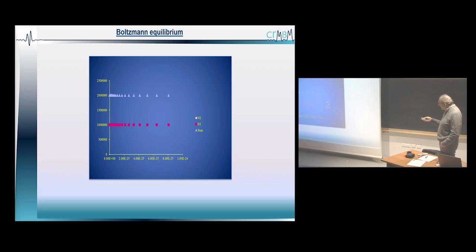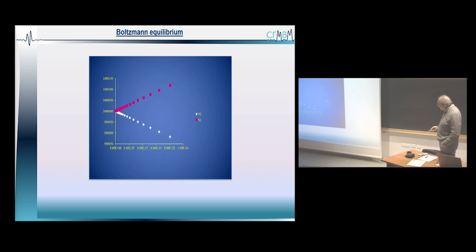So what I did, I changed the scale, and so you can have the figure I've shown you before, with the number of nuclei in one state and the number of nuclei in another state according to the magnetic field. But if you look at the numbers in here, the difference is very, very small.